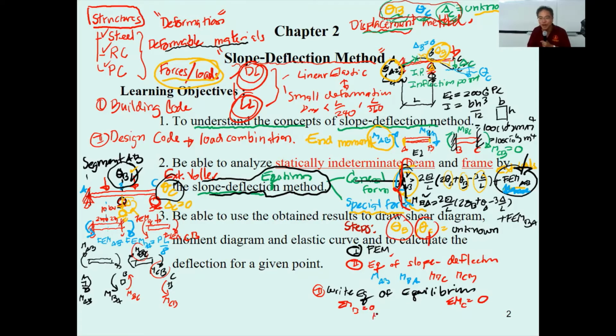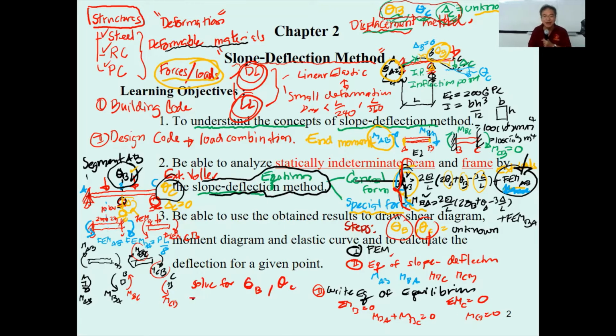This one you will get M sub BA plus M sub BC equal to 0, and over here you will get M sub CB equal to 0. Then you solve for zeta sub B and zeta sub C.